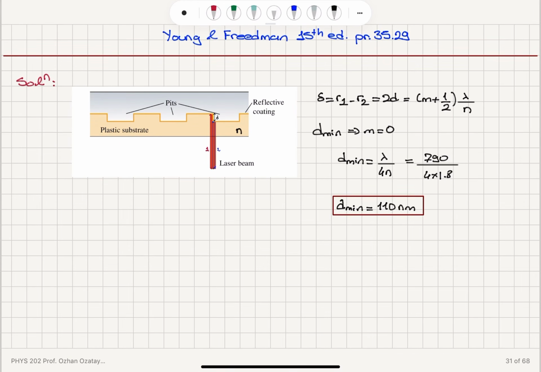So we find that the minimum pit depth will correspond to m equals 0, the first destructive interference, which is occurring at lambda over 4n for the minimum depth, and that gives us 110 nanometers.